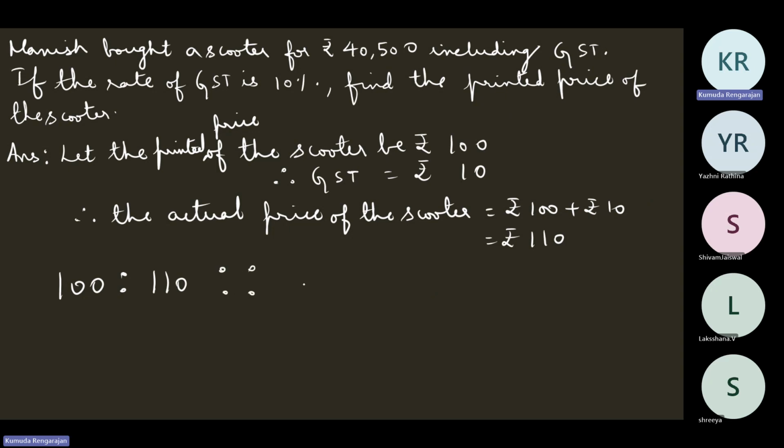Really, it is on this side. So now you should write without first. Without GST, that's what we have to find, so X or Y, whatever variable. With the GST, it's given in the question, 4,500. These are the real values. These are the assumed values.